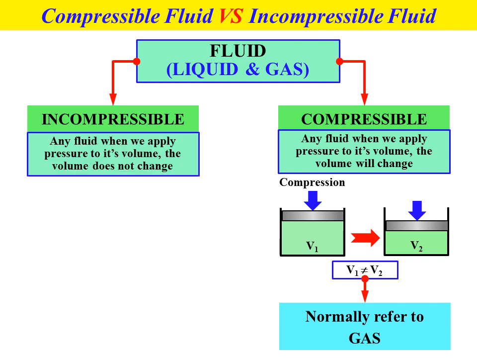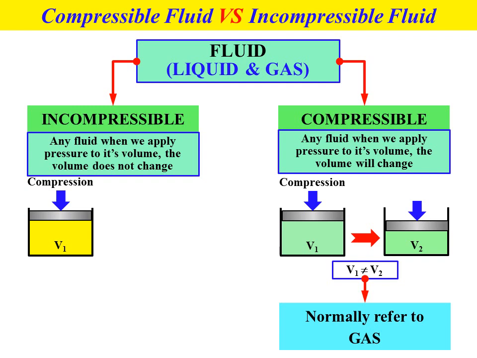However, an incompressible fluid, in simple terms, is any fluid whose volume does not change when we apply pressure to it. For example, take a piston cylinder device with a certain substance inside the cylinder, with the volume at the initial state equal to V1.